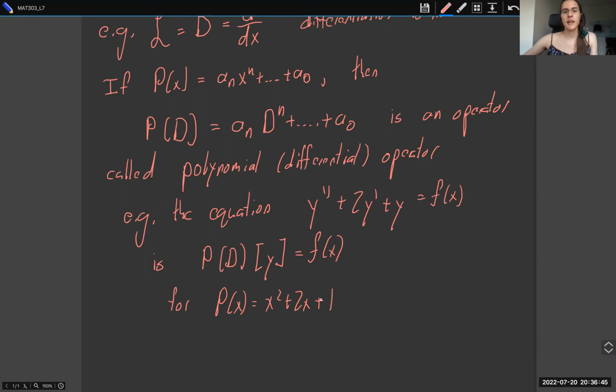So basically, if we take this polynomial and we replace the x's with differentiation, we get the operator which we can apply to y to get this expression right here.